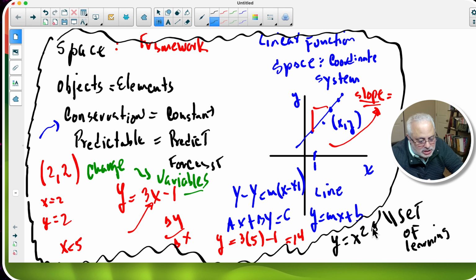It will be something that will change. The forecast will be similar but not the same. The behavior of the geometrical object, that is the parabola, is not the same as a line.